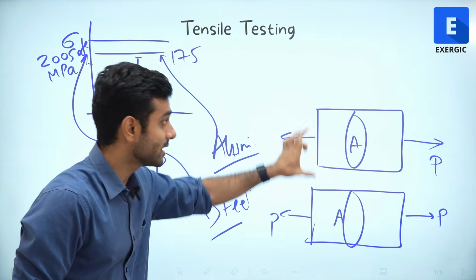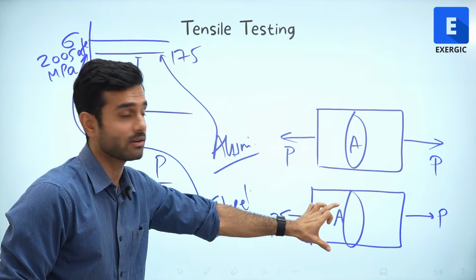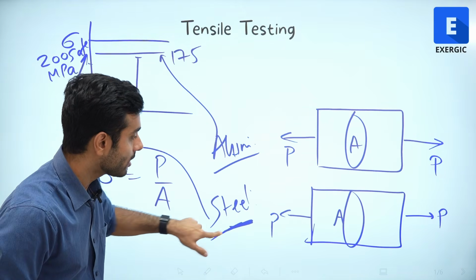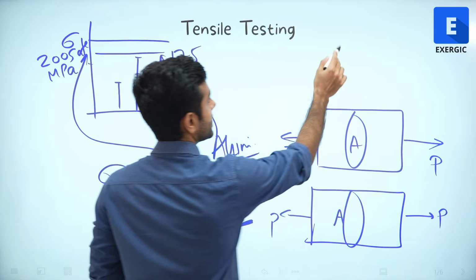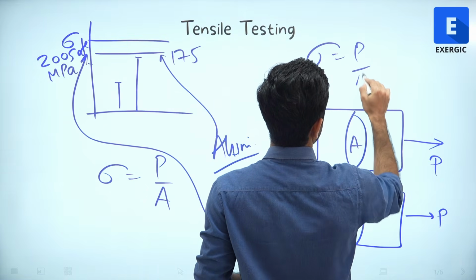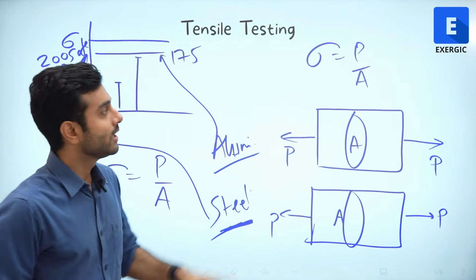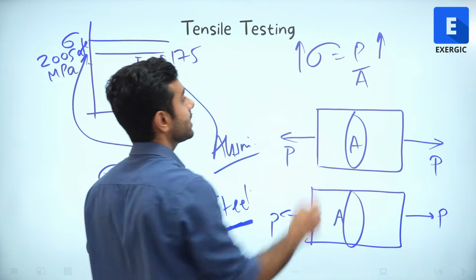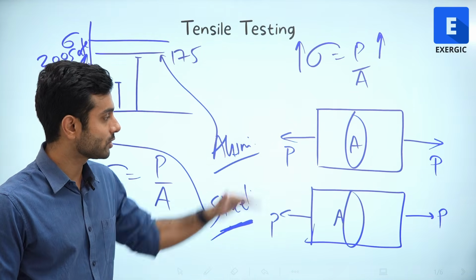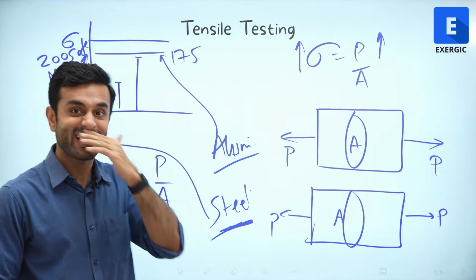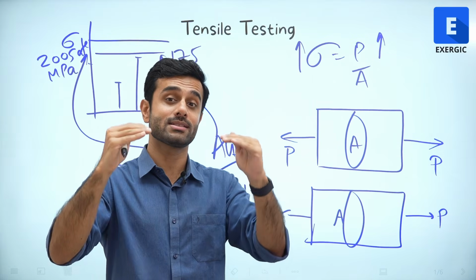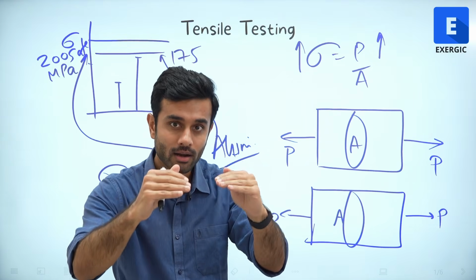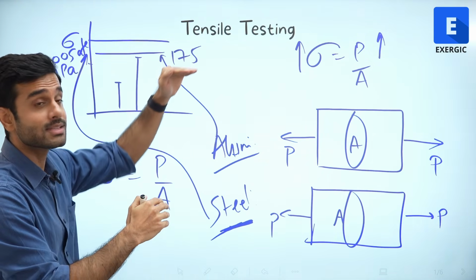Which means that for the same dimension, for the same area, the steel one can bear more load, right? If sigma is equal to P by A, you keep increasing the value of P for the same cross section, sigma will increase. Both of them will have same sigma, but as soon as you increase the load, sigma is increasing, 50, 60, 100, 150, 175.